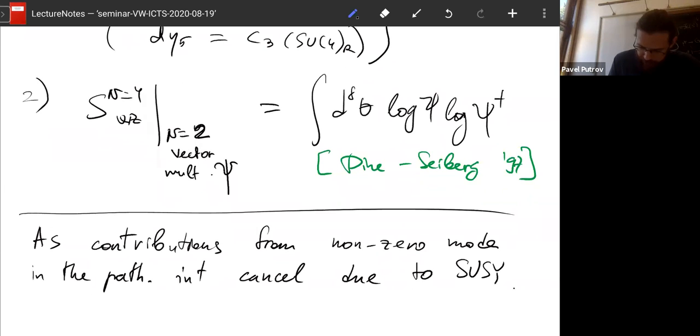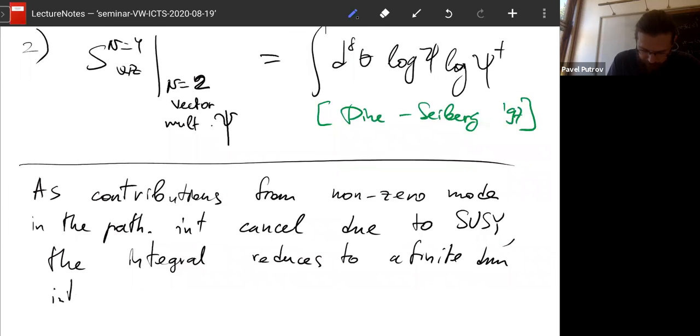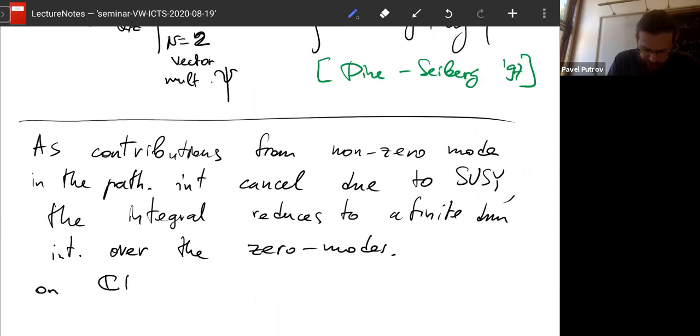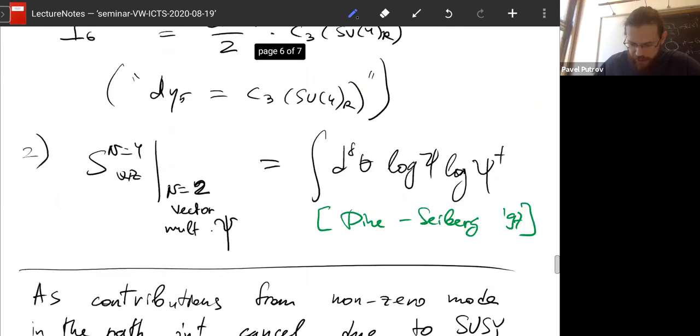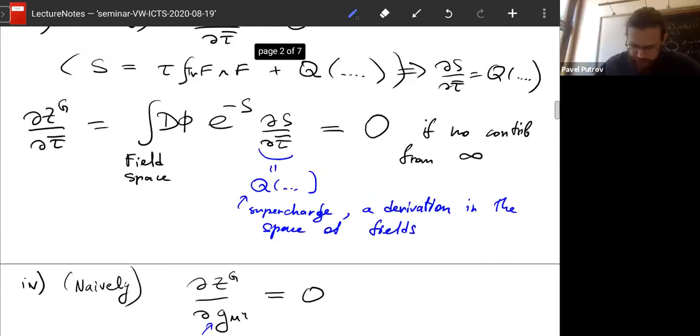The integral reduces to a finite dimensional integral over the zero modes. So what are the zero modes on CP2? Let me quickly come back to the field content which I wrote before.